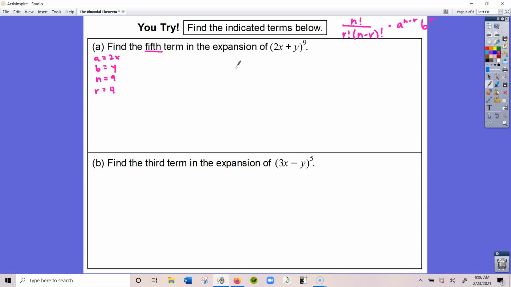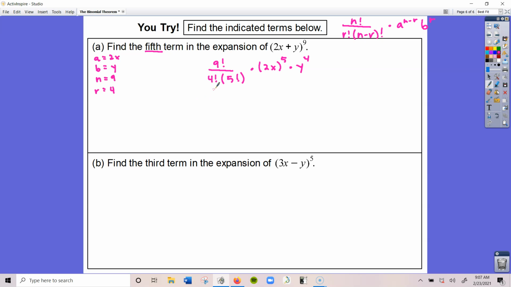So now let's plug everything into this formula. We have 9 factorial, right, because it's n, over r, so 4 factorial, times n minus r, 9 minus 4 is 5 factorial, times a, which is 2x, raised to the n minus r, so 5, times b, which is y, raised to the r, so 4. So now let's work this out one more time.